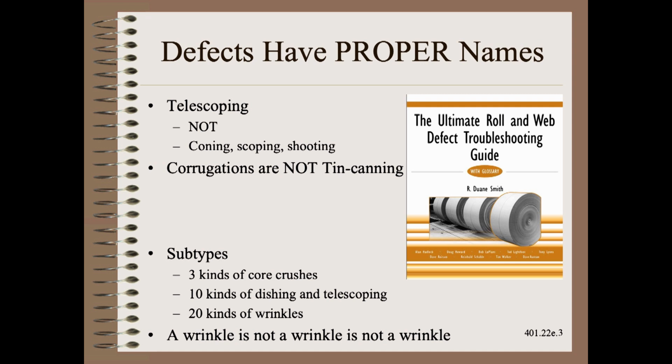Similarly, one telescoping type improves strongly with taper tension, while another type is made worse with taper. In short, a wrinkle is not a wrinkle is not a wrinkle. Take the time to learn how to diagnose which wrinkle you have so that you can get the right remedy list to work on.